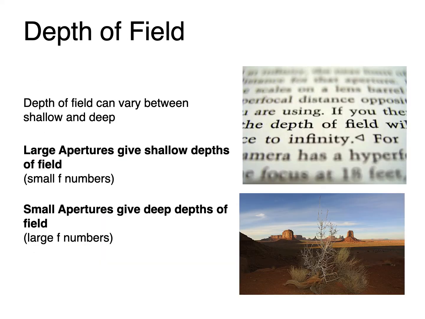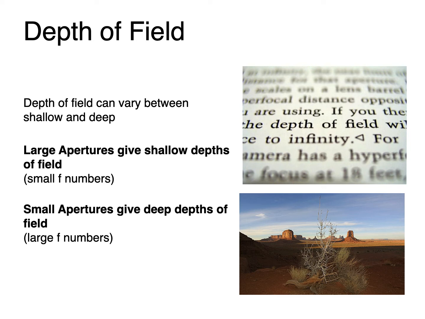The depth of field can vary between shallow and deep. As you can see, the middle zone is clear and sharp, while above and below are out of focus. Large apertures give shallow depths of field.